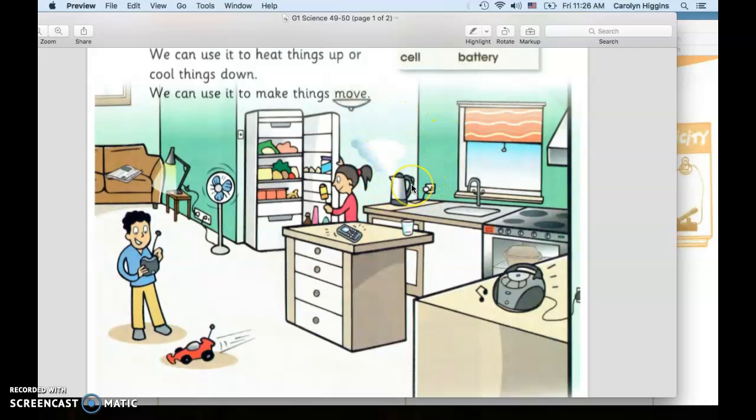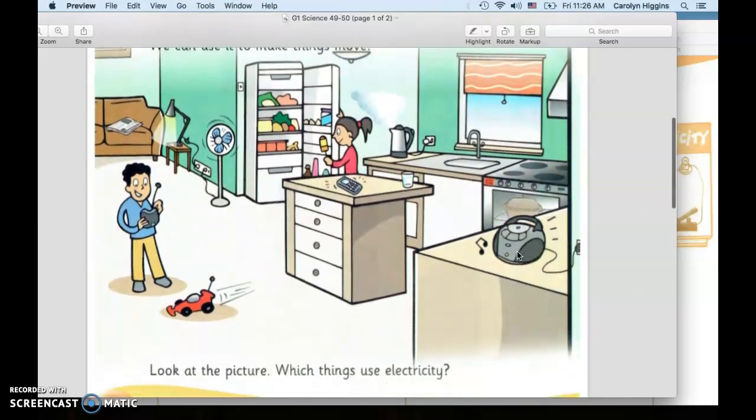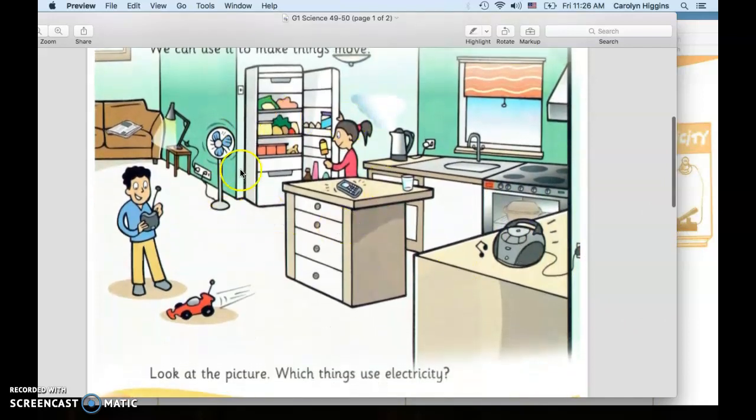And this kettle, you can plug it in and heat the water to hot boiling temperature. And you can plug the radio in and it makes a sound. And also you plug this oven in and it can heat up your food. Now electricity. If you don't have this, your life will be very, very uncomfortable.